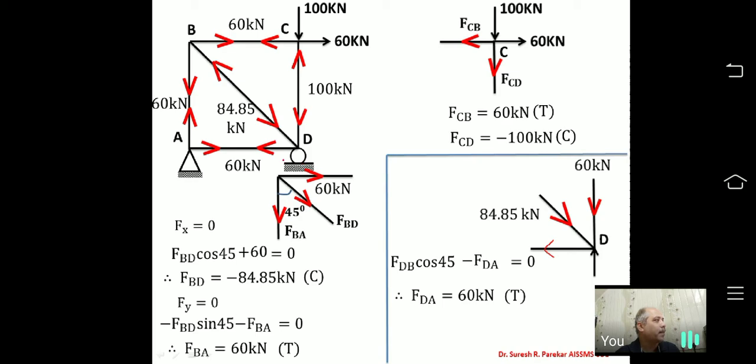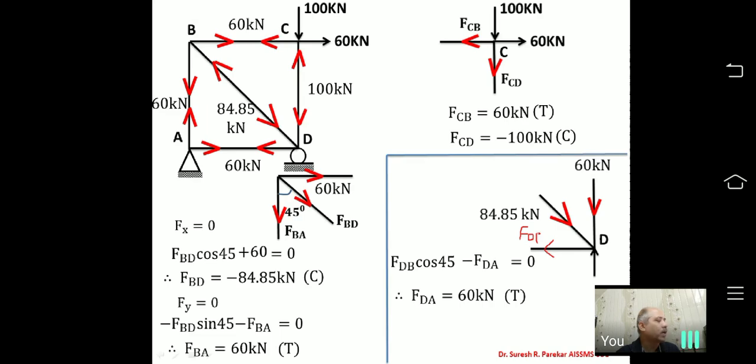If you will see joint B, at joint B I have shown 60 kilonewton tensile. Here I have assumed tensile force in member FDB. So we should be very careful with this. While assuming this, we have to consider these directions accordingly, and then we have marked this.